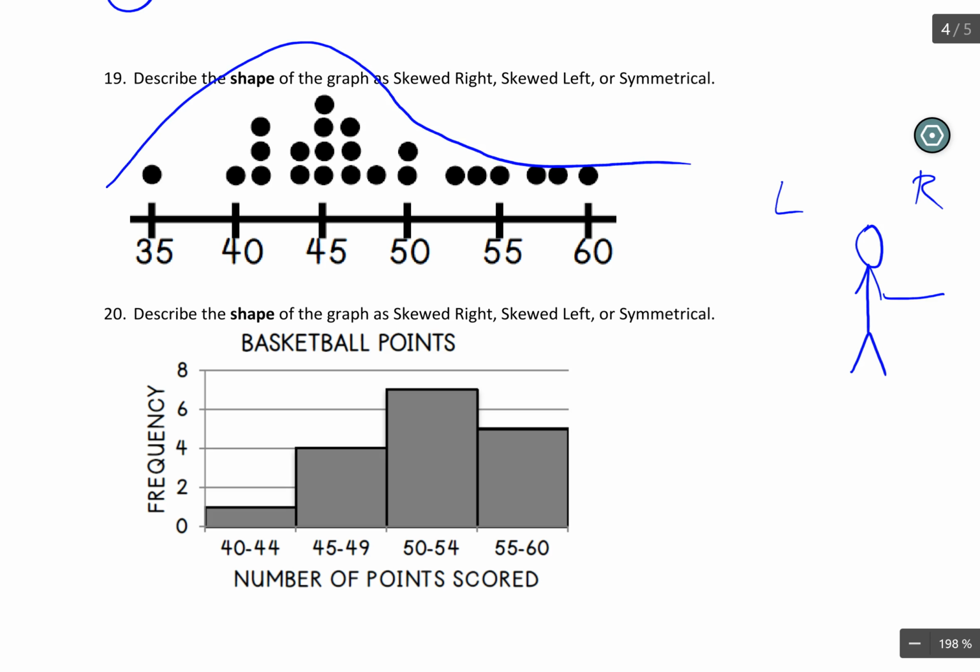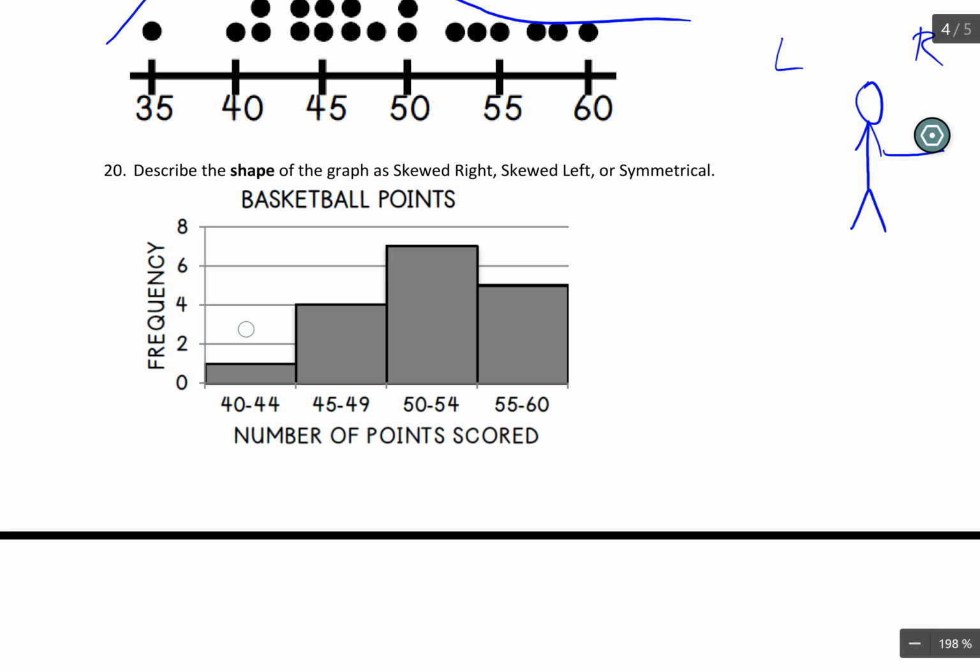I have a tail. My tail is here on the right. So it looks like, just like here, where I have my skewer facing the right. So you can imagine that this data is me, and this tail here is me holding a skewer facing to the right. And so if I do that, my data would be skewed right.